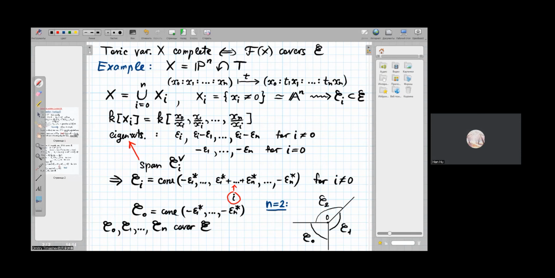This is the simplest example of a toric variety, of a complete toric variety, just projective space. Well, I will stop now discussing toric varieties.